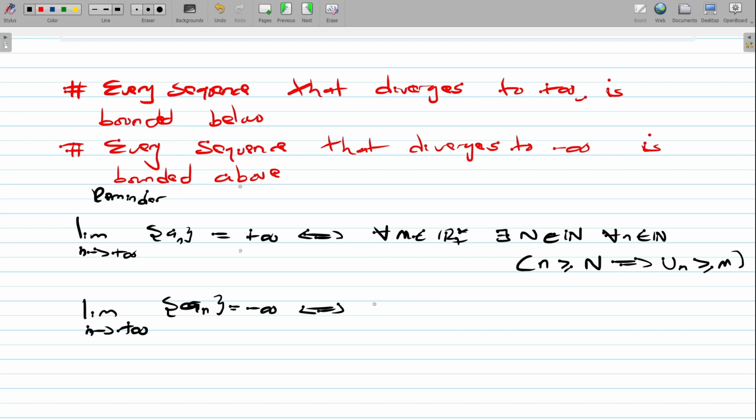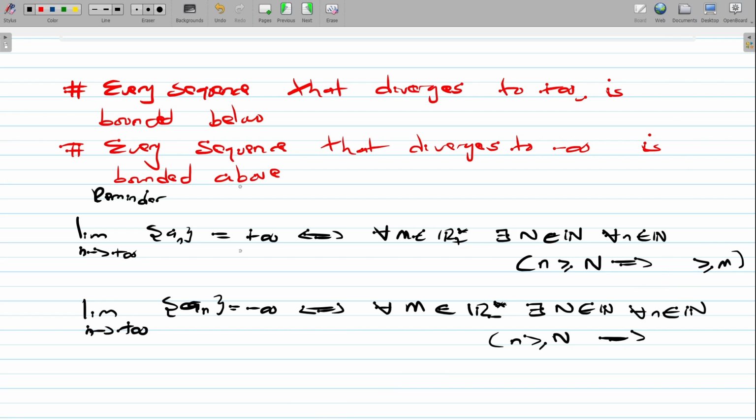Well, this is equivalent to saying that we can find some M in the set R minus star, and then we can find some natural number such that for all values n in the set of natural numbers, if we go beyond this N, then this is going to imply that my sequence, now here I must have a sub n for everything to make sense.